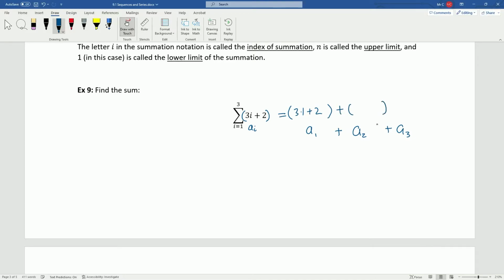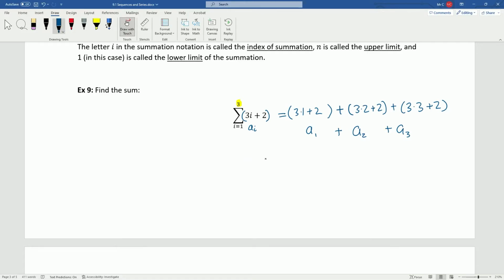Plus, what's a2? Well, I just plug in i equals 2. That's 3 times 2 plus 2. Plus, and now for a3, I take i equals 3. It's 3 times 3 plus 2. And we stop there because that's our upper limit. It tells us to stop when i becomes 3.